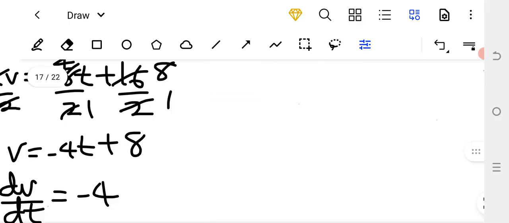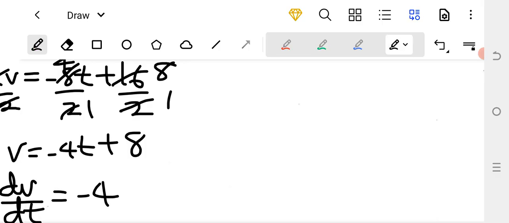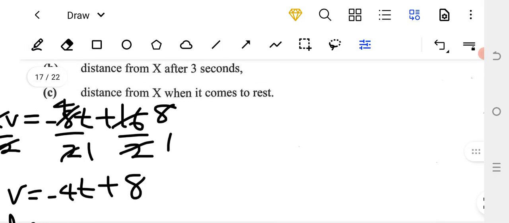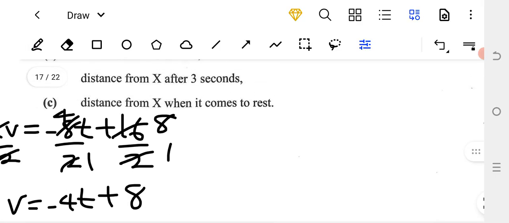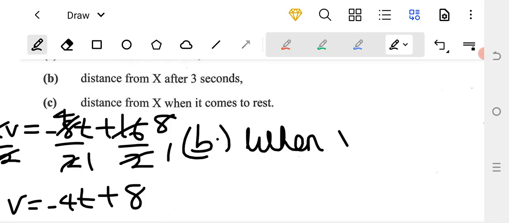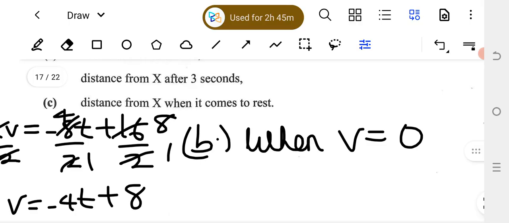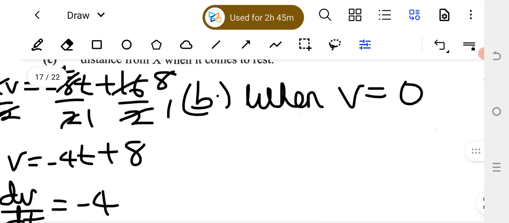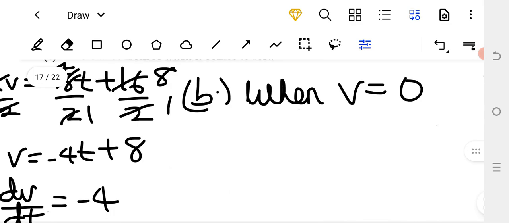How do we find the distance? And how do we find the time? So you want to find the time when it's at instantaneous rest. What do we do to do that? We'll say when v is equal to 0. That is the time when it is at instantaneous rest. So you have v in the question.